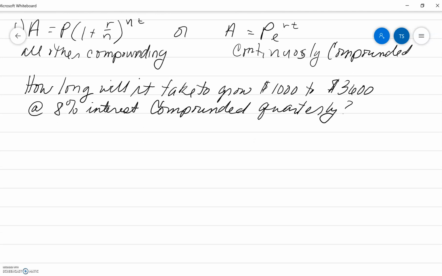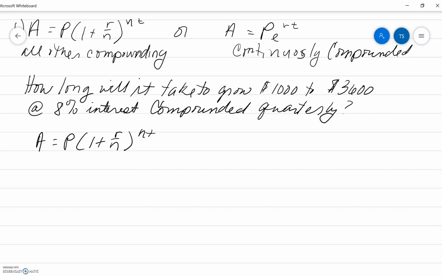We're compounding quarterly, so we have to decide which compounding formula to use. It is not compounded continuously, so that's not the one we're going to use. Here is our formula: A equals P times 1 plus r over n to the nt power.